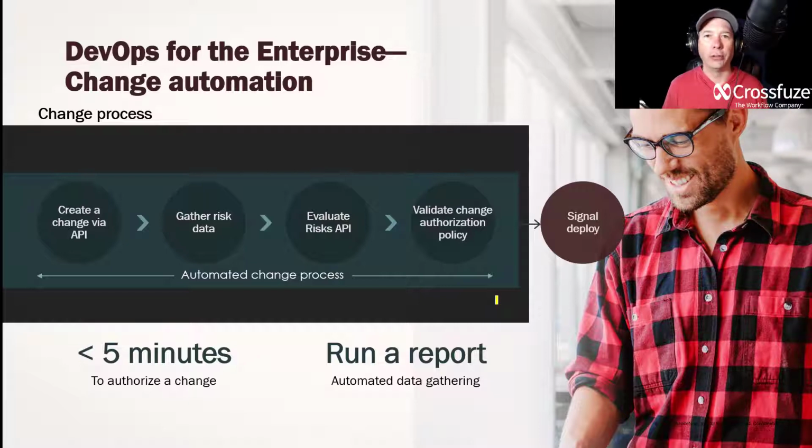So in the pipeline, we'll create a change via the application programming interface or API. Then we'll use the insights that I just spoke about, now that we're connected to these tools, to gather risk data about the particular code that's being deployed. We'll evaluate that and we'll make a decision, yes, no, or in the first case, we'll actually just auto approve it, and then run that through an authorization policy.